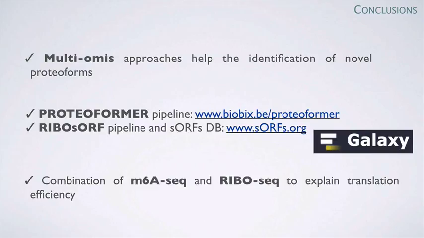We also provide the same pipeline for the small upstream reading frames specifically, and we gather all this information into a web interface. Something which is still premature is that maybe these RNA methylation points have an impact on translation efficiency or inclusion of certain exons and so on. But this is still stuff that we have to look into in more depth.